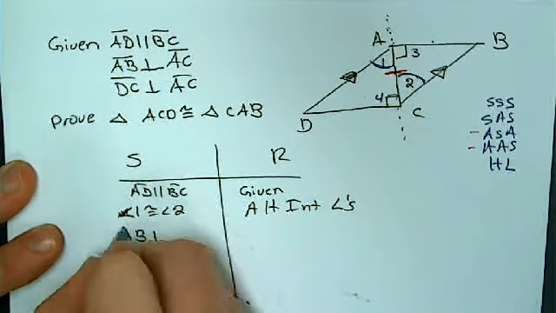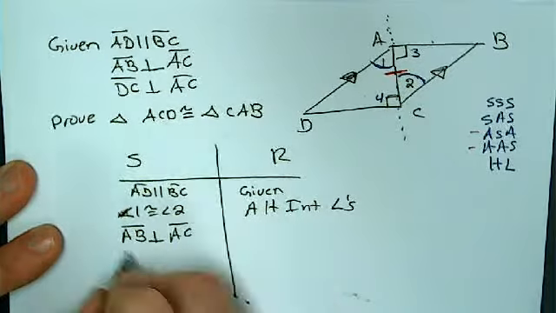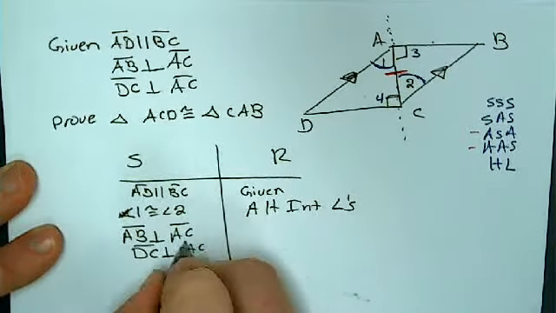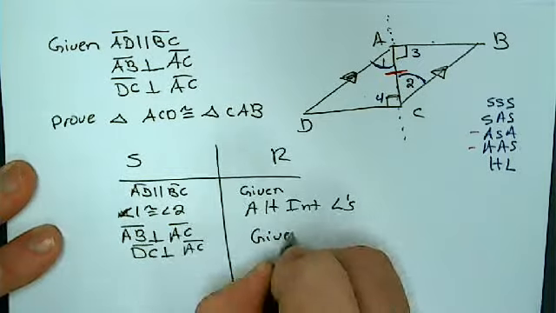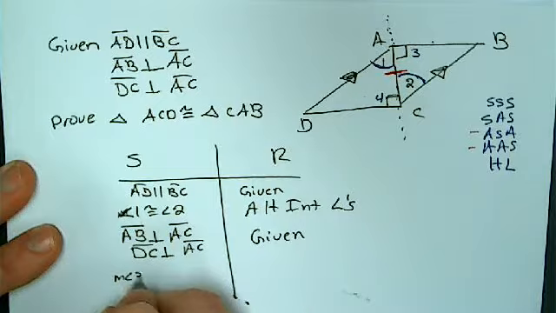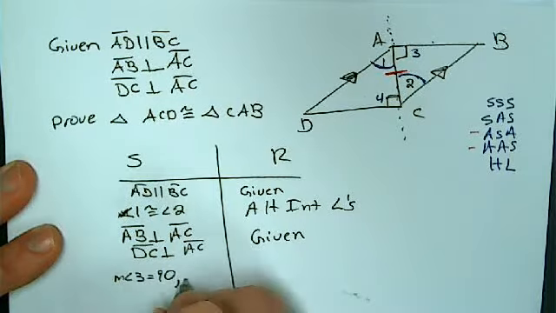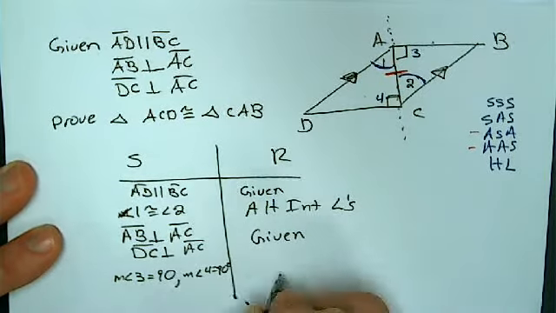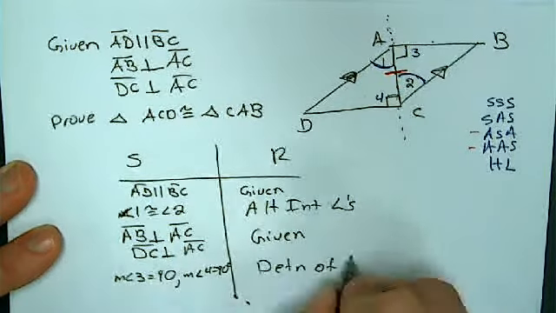AB is perpendicular to AC. BC perpendicular to AC as well. That tells me that I've got 90-degree angles. That's by the definition of perpendicular.